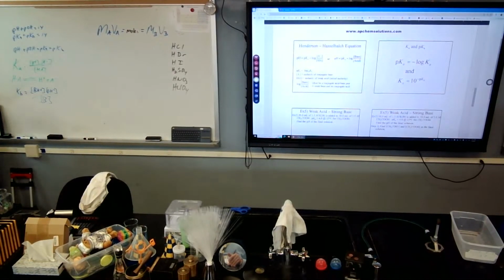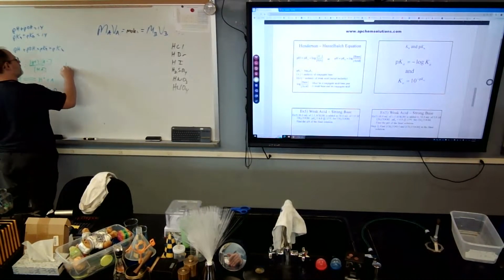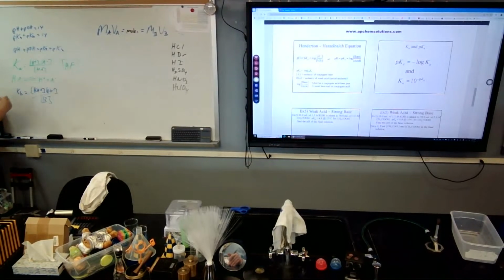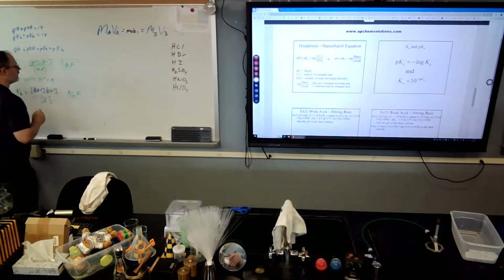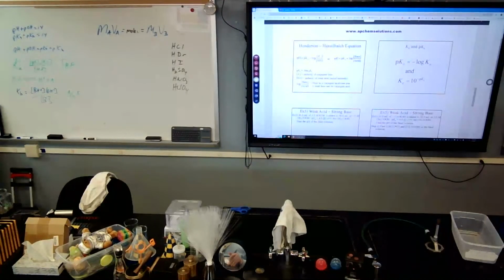And again, if you have the Ka for an acid, you automatically have the Kb for its conjugate. For instance, if your acid was HF, if you have the Ka for HF, then you have the Kb for the F minus ion.